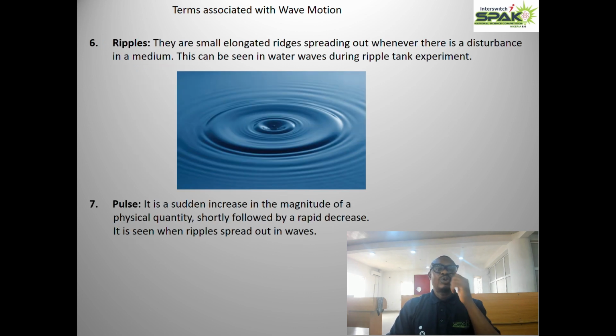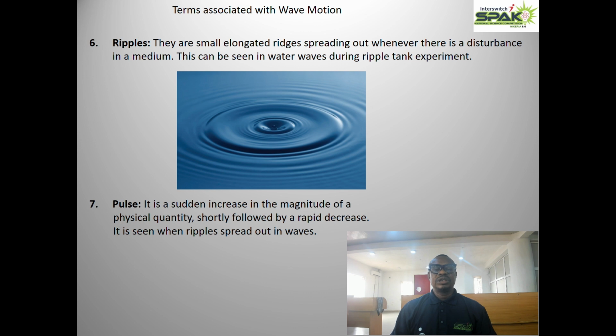So let's quickly talk about ripples. So you can see some ripples here. When you drop a stone in water, you see the ripples coming up. First you see an impulse, a pulse. The pulse of the particles goes up and then down. Before you know it, it begins to spread. Whenever there is a disturbance, it spreads out. So that is what is referred to as ripples.